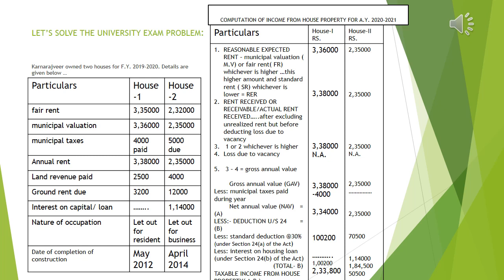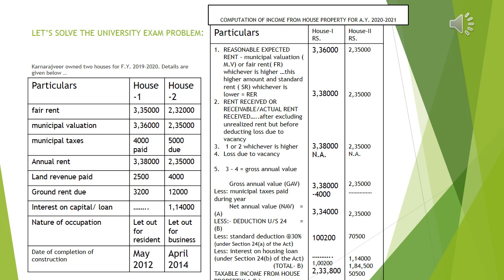Then less interest on housing loan, section 24B of the Act. So in house number first it is nil and in house second 1,14,000. So here is the total of deductions, and we have given the letter B for deductions and letter A for net annual value.